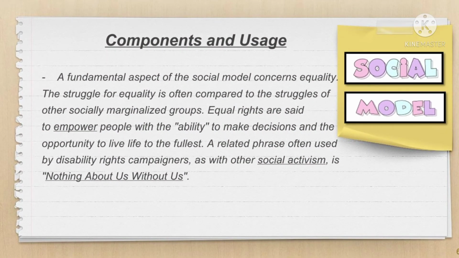Now let's proceed on components and usage of the social model of disability. A fundamental aspect of the social model concerns equality. The struggle for equality is often compared to the struggle of other socially marginalized groups. Equal rights are said to empower people with the ability to make decisions and the opportunity to live life to the fullest.